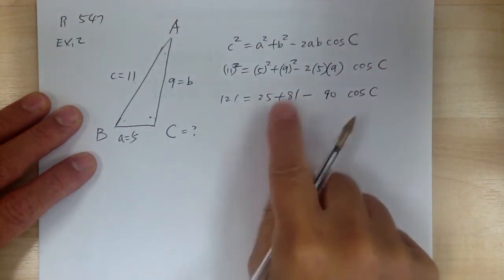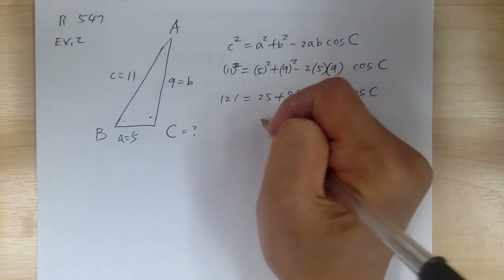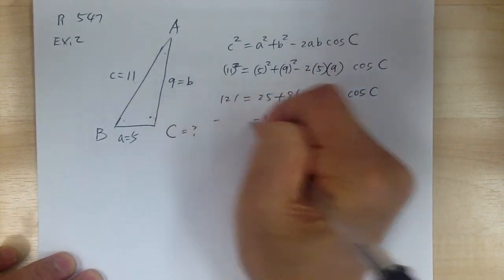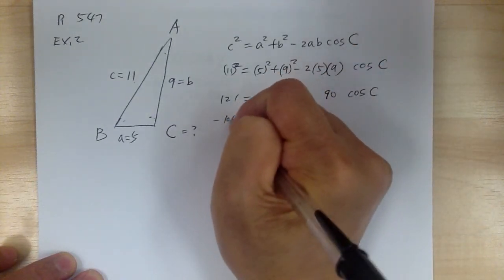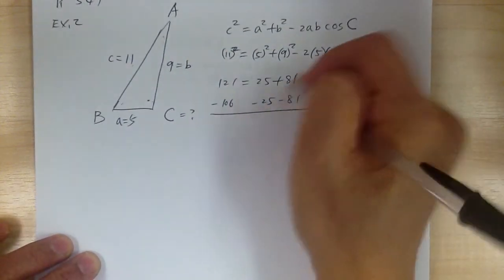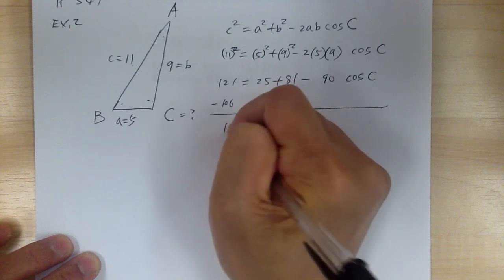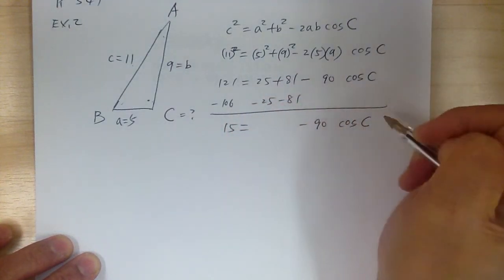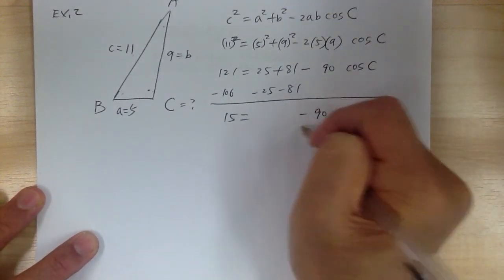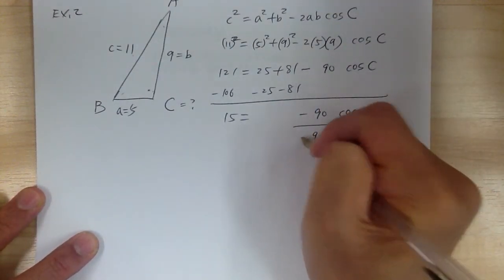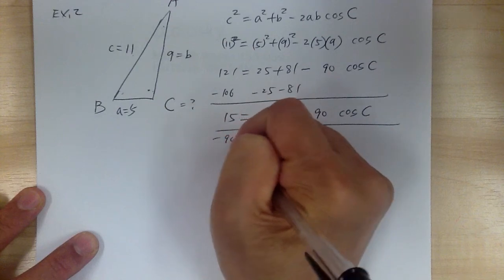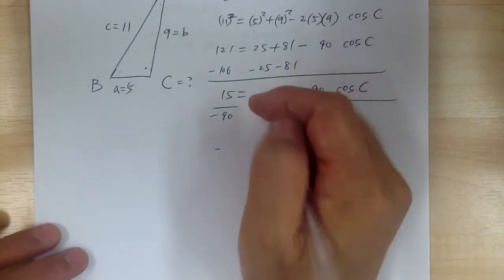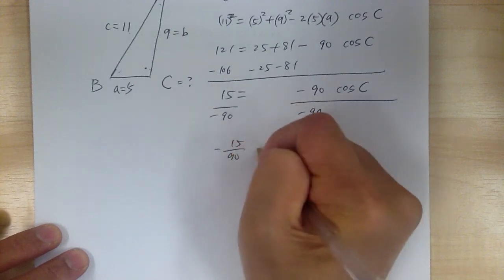So you have to get rid of that. So minus 25 minus 81, so minus 106. Okay, so get rid of that. So you get 15 equal to negative 90 cosine of C. Then you have to divide by negative 90. You don't have to simplify because you have a calculator, right?